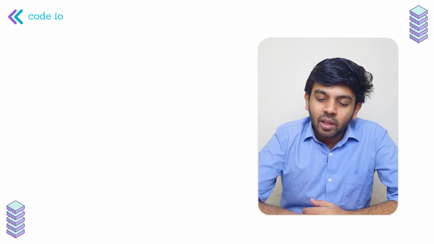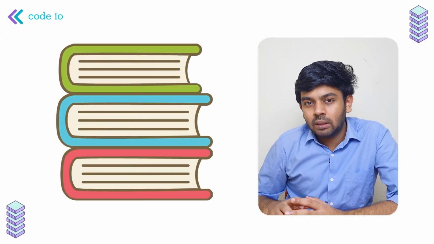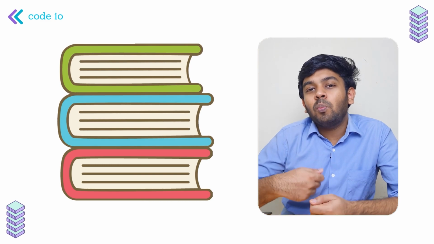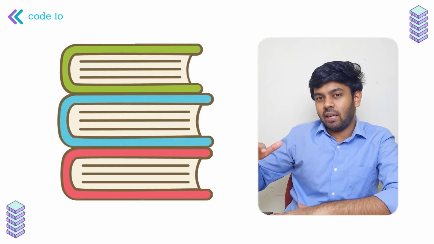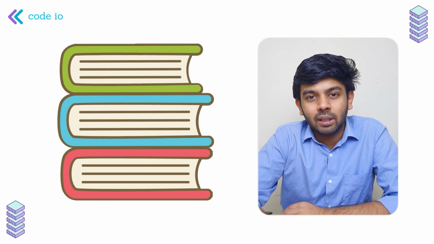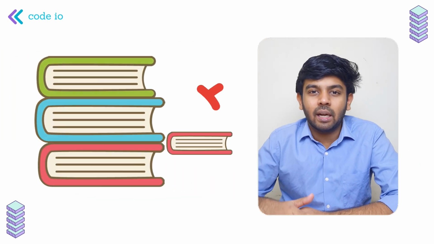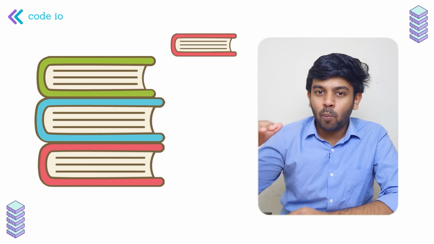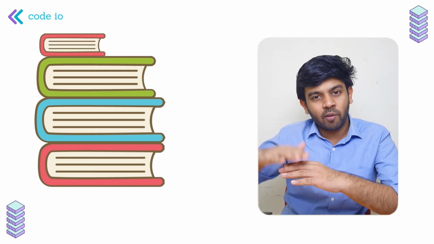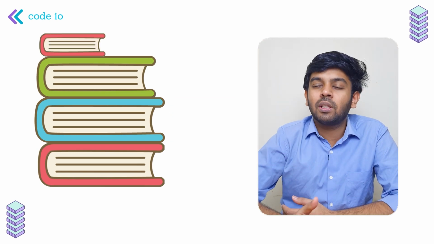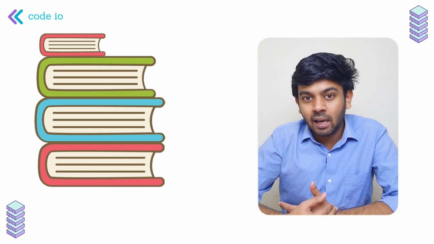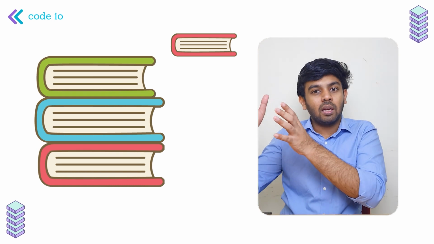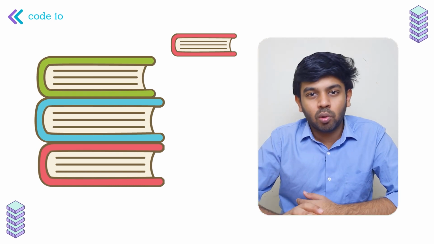If you imagine a stack of books, and you want to place a book into it, what will you do? We have a stack of books here, and we want to insert a book into it. We cannot do it in the middle, right? We'll always do it at the top of the stack of these books. And when we want to remove a book from the stack, we'll also remove from the top of the stack.